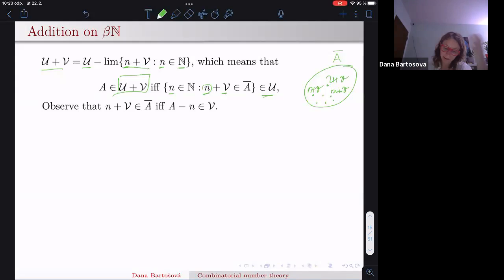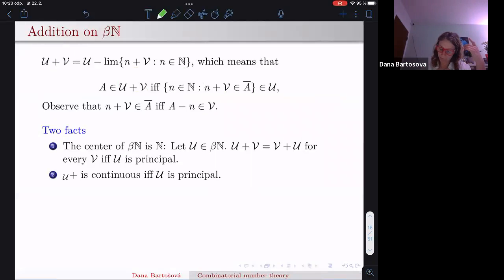Okay, and this is just very silly when we are looking at this expression. It's sometimes useful to see it in different ways. So, well, what does this mean? This means that A is in n plus v, so we have that A minus n is in v. Okay, so we will use all of these as we please.